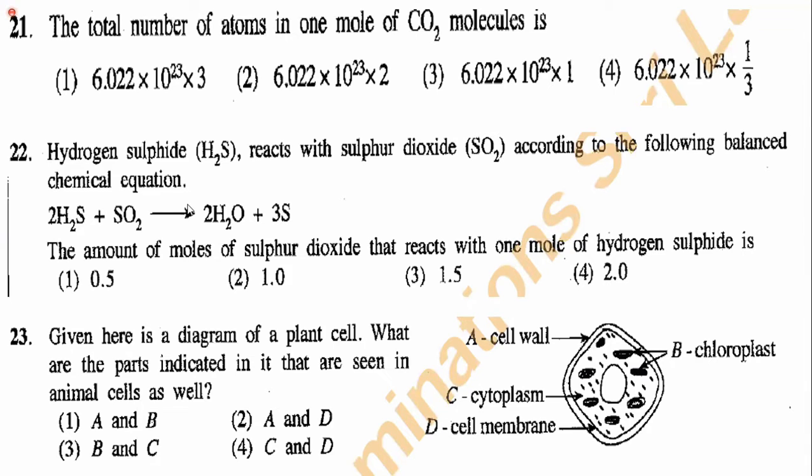Next one. Hydrogen sulfide, H2S, reacts with sulfur dioxide, SO2, according to the following balanced chemical equation: 2H2S plus SO2 gives 2H2O plus 3S.